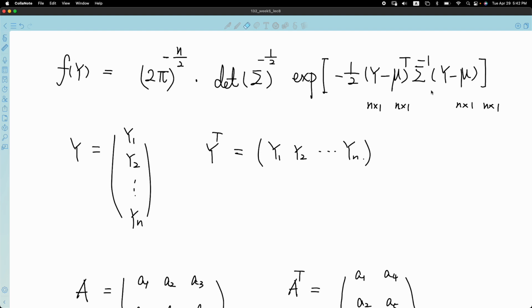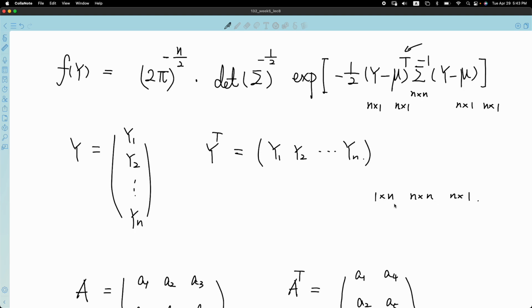And then the next term here is an n by n matrix. If you do n by 1 multiplied by n by n, that is not a valid operation. But here, people introduce a transpose operation, so you will have a 1 by n, then n by n, and then multiplied by n by 1. This 1 by n comes from the transpose of n by 1.